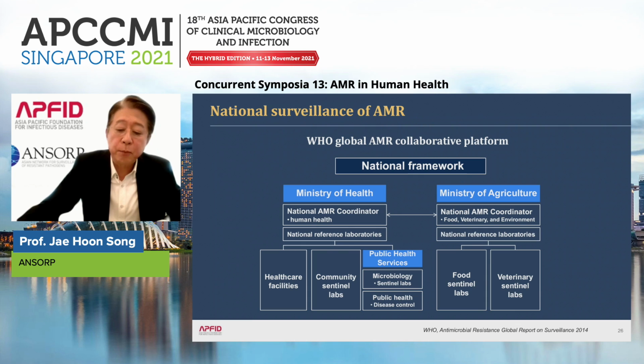This national framework was proposed by WHO, and each country can customize the programs based on the local situation. Basically, the national system consists of national reference labs, which are coordinating the hospitals, community center labs, public health services, as well as food center labs and vet center labs.